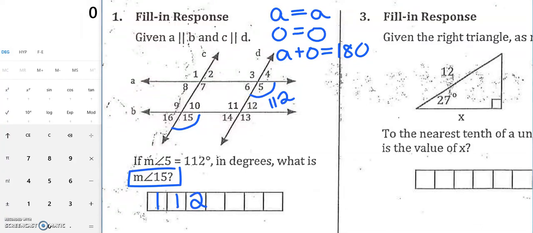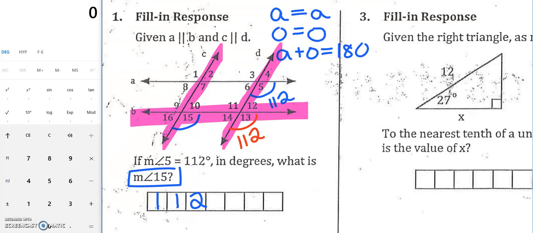Now, if we wanted to be more specific as to why it's 112 degrees, we can take a look at it like this. Angle 5 and angle 13 are corresponding angles, so those should be congruent. So angle 13 is also 112. And now that angle 13 is 112, I have line C and D with this transversal B creating some relationships between angle 13 and 15.